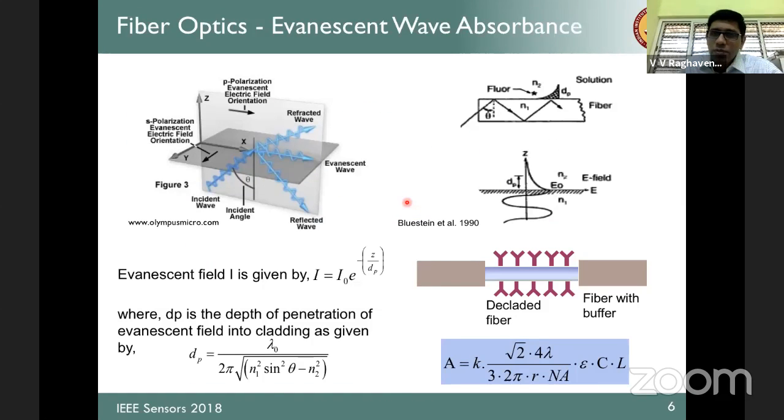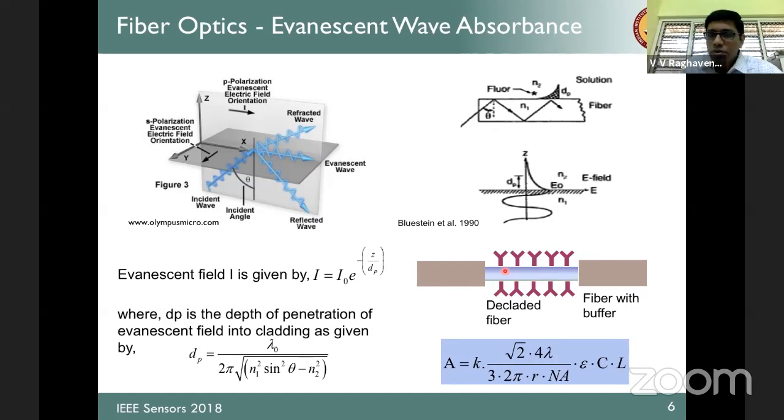So one can make use of optical fibers because these optical fibers are very cheap, and then one can miniaturize the sensors. If you can recall some physics that you have done in your +2, there is something called total internal reflection, right? So what happens is there's always some amount of light that is leaking at the surface. So this is an optical fiber with a core.